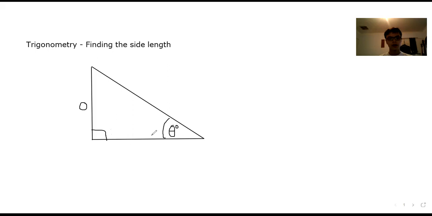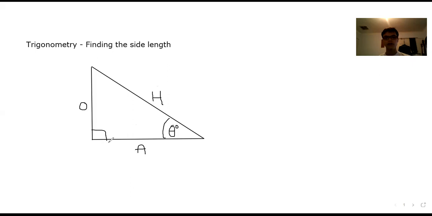And the side opposite the right angle, or the slope, is the hypotenuse.